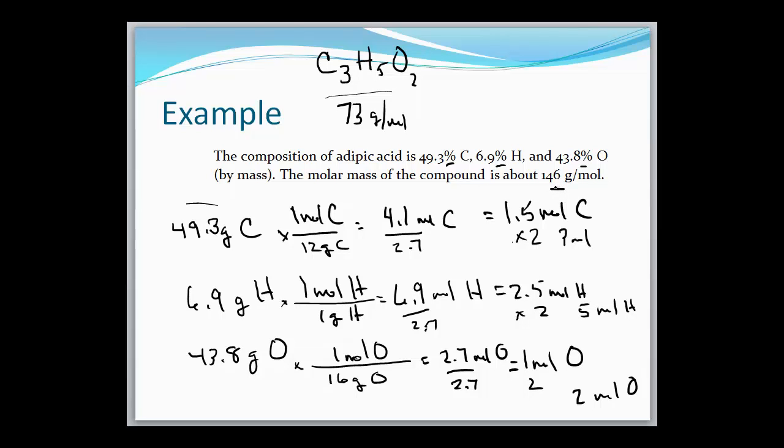If it's not, there would be no way to figure out what the molecular formula is. So you take that molar mass, divide by the molar mass of the empirical formula, and you're going to get a whole number factor. That factor, then, you simply multiply all the subscripts in the empirical formula by, and that'll tell you the molecular formula.